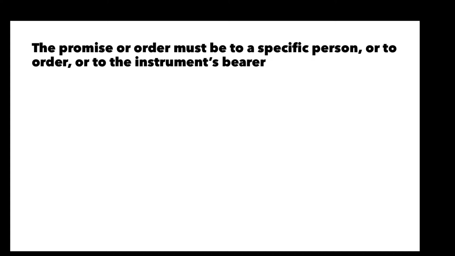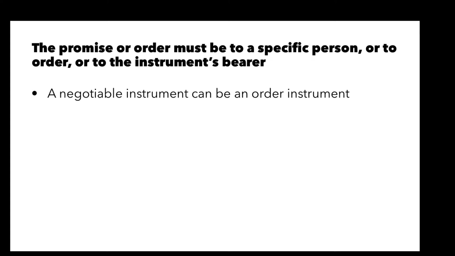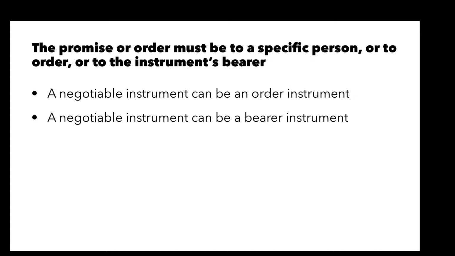By writing the phrase "to the order of" or some other similar words near the payee's name. So to assure a proper transfer, the instrument must be payable to order or to the bearer at the time it is issued. So a negotiable instrument can be an order instrument or it can be a bearer instrument.